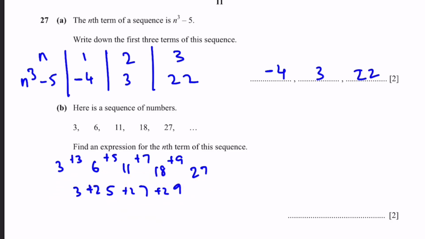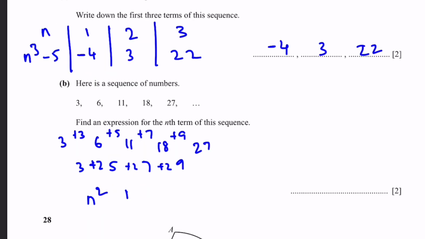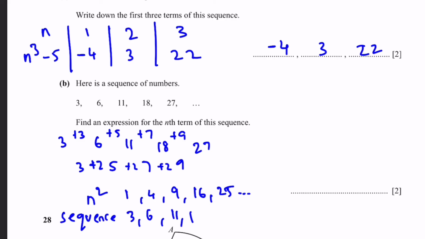So there are two layers, and therefore the expression starts with n squared. So n squared is equal to 1, then 4, then 9, and then we have 16, 25, and the sequence has 3, 6, 11, 18, 27, and it goes on.